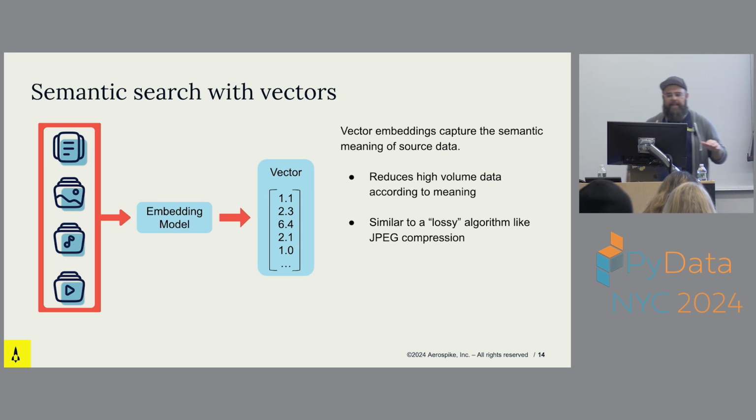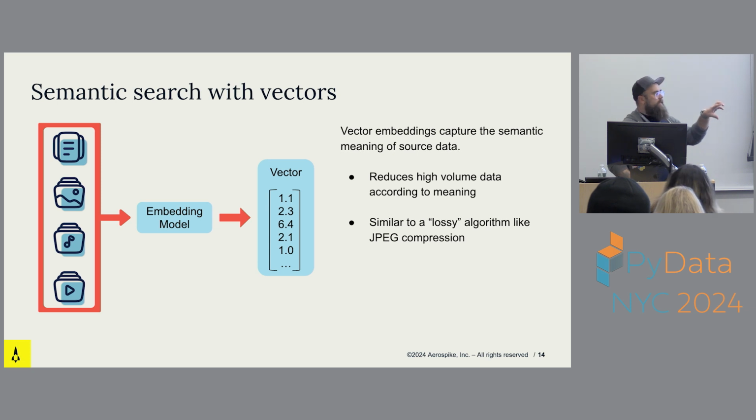The one place that is incredibly important is that the model I use to generate vectors on my source data must also be the model I use to generate vectors on my queries. Otherwise, you're not going to be able to match those things up. But otherwise, you're not stuck.